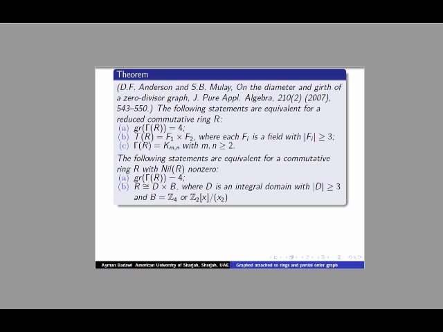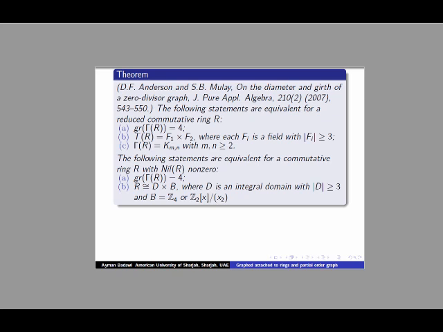Okay, in this result here, the characterization for the girth to be 4 is for a reduced ring. So you're gonna ask me, what about if the ring is not reduced?